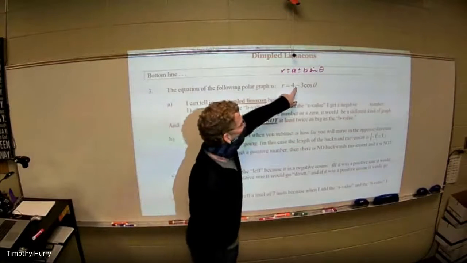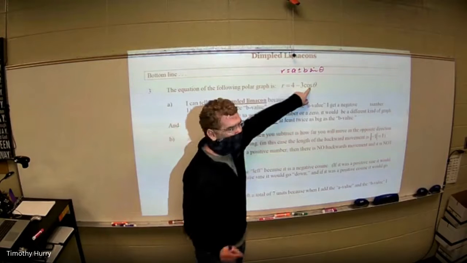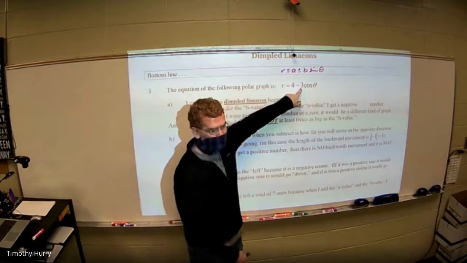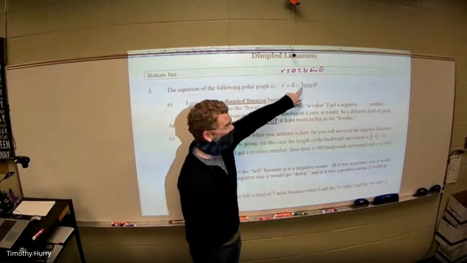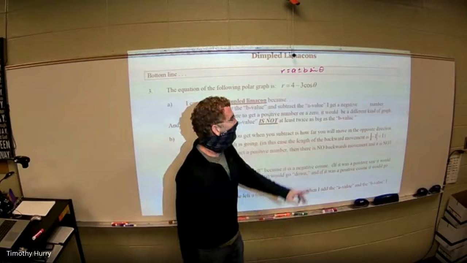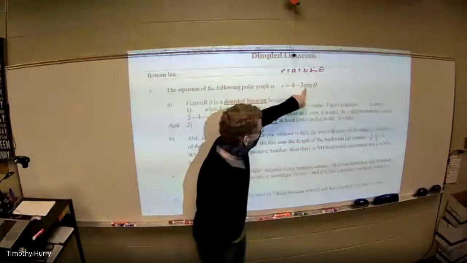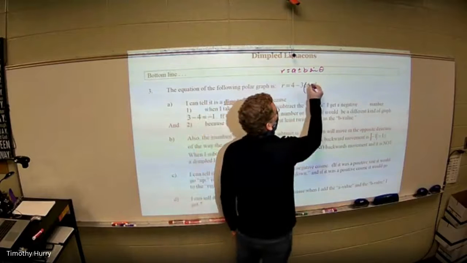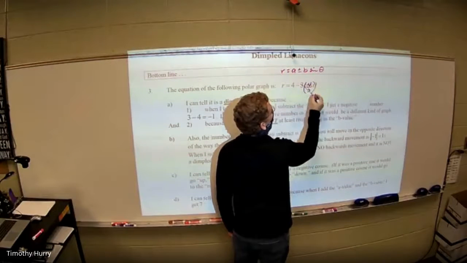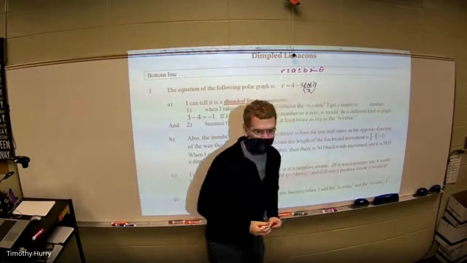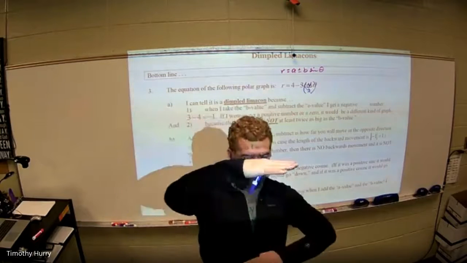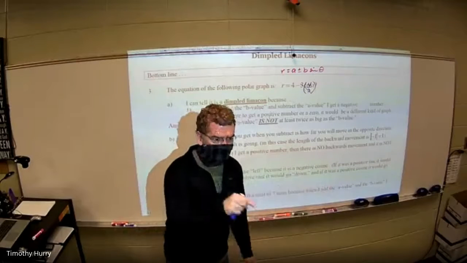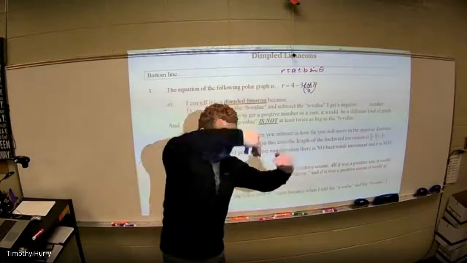Because 4 minus 3 times something could only be 0 if cosine was bigger than 1, right? Because when I subtract 3, I still have a 1 left. I can't make that equal to 0 unless cosine were like 4/3. That would give me 0. But why can't I make cosine 4/3? Because it's not defined. So I can't do it, which means I can't hit the pole. So I can't dip at the pole.